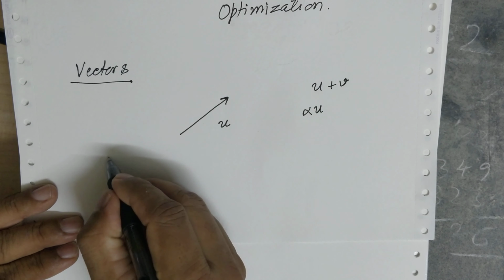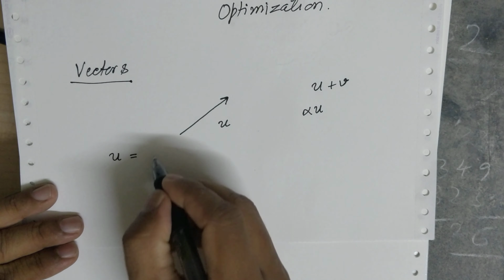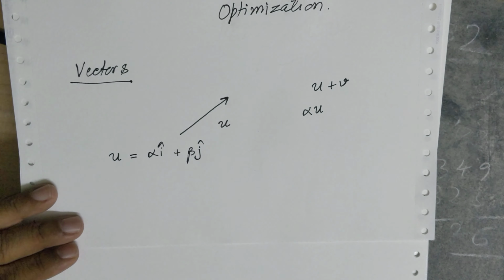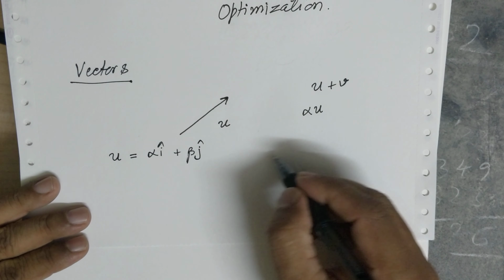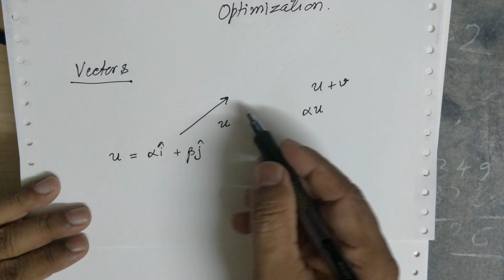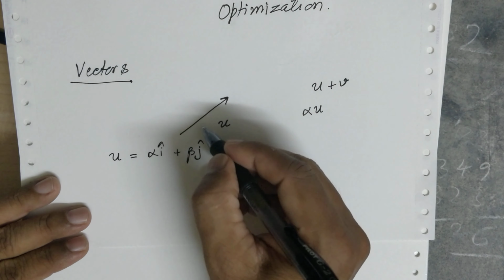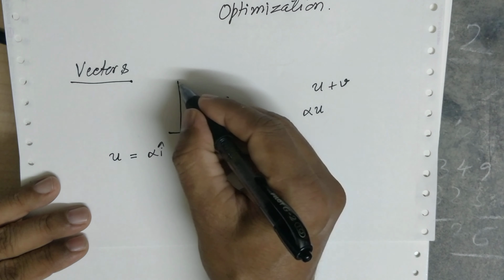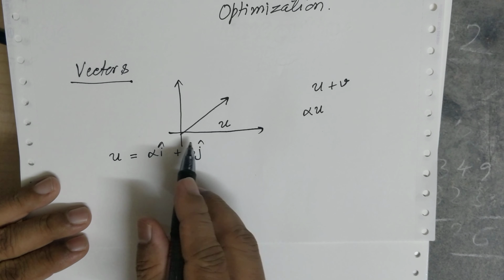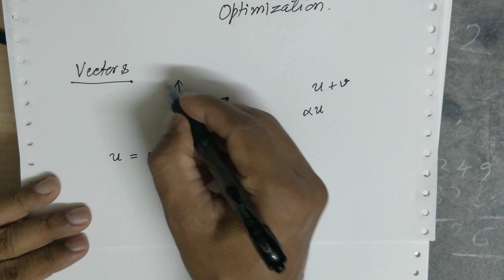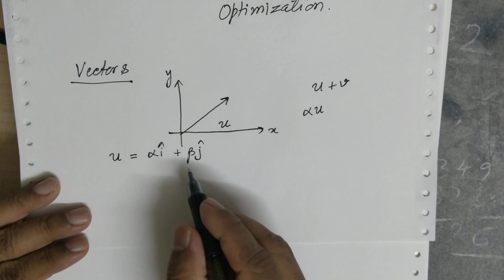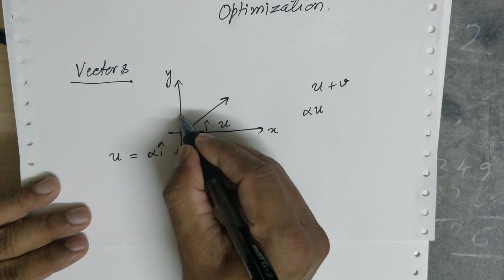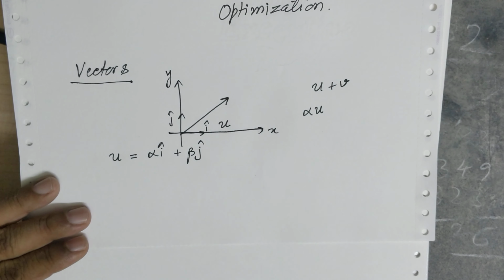So for example, the vector u could be something like alpha i plus beta j. When you write something like this, if I impose the axes, the x-axis and the y-axis, i is a unit vector along the x direction, j is a unit vector along the y direction.